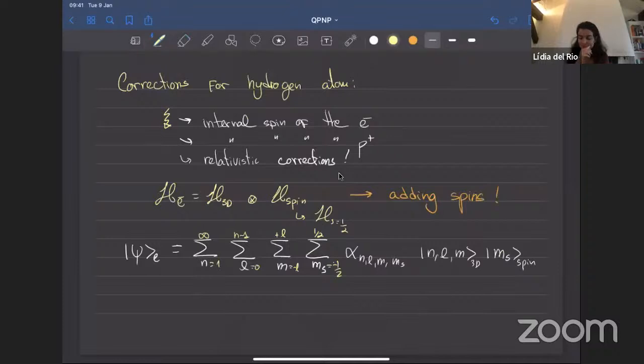And now, using all the spin machinery, what people do is to take this and rewrite it, find a new global basis where they find some new quantum numbers. So this corresponds to the total spin.